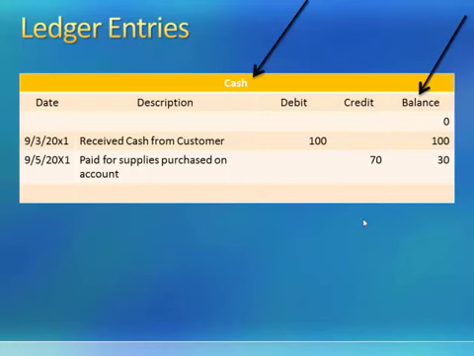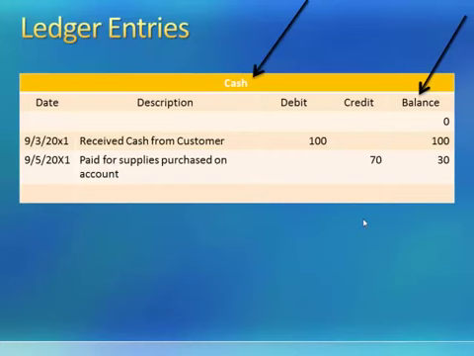We also see in the far right-hand column, we have a $0 starting balance, a $100 increase in the balance when we receive cash from the customer, and a $70 decrease in the balance when we pay for supplies that are purchased on account. The debit in the cash account represents an increase in cash. The credit to the cash account represents a decrease in cash.